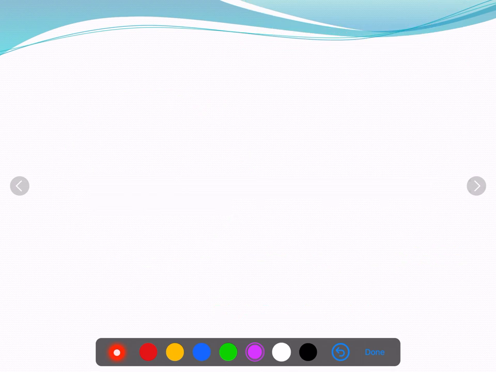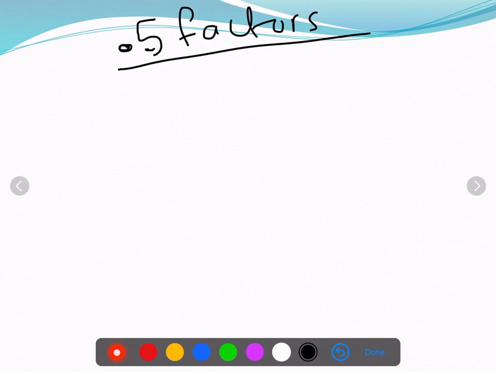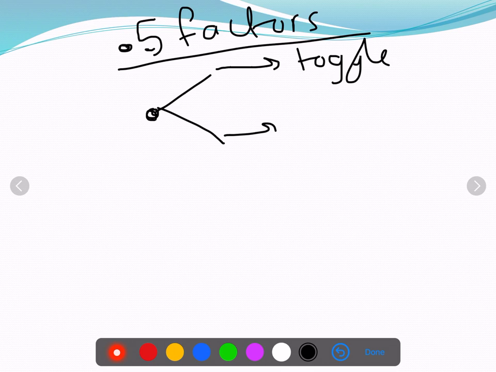So let's conclude. We talked about 5 factors you have to consider when you design a motor controller. Then we talked about 2 types of manual switches, the toggle and the cam. These both are manual.